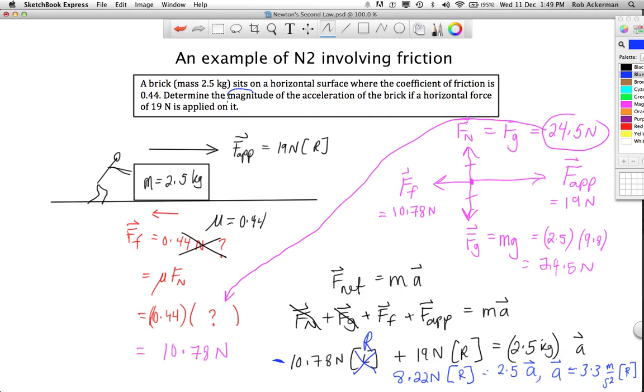They asked for the magnitude, so they don't want direction here. Probably the reason they don't want direction is because they didn't mention direction. I just kind of added in my own. Therefore, you would have to finish off by saying a with magnitude, that is the absolute value symbols, 3.3 meters per second squared, and that would be your answer.